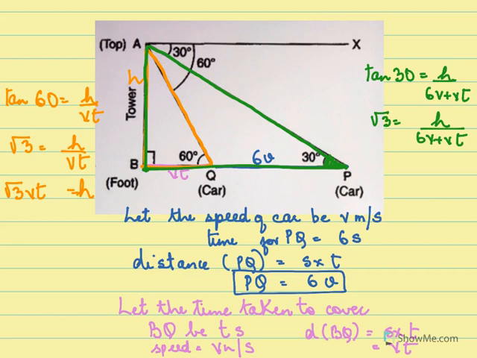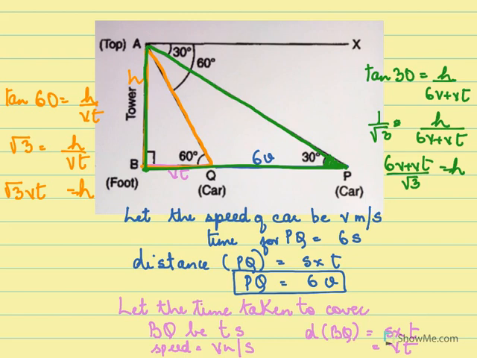We cross, oh here the same mistake, tan 30 is 1 over root 3. So we got h as 6v plus vt over root 3. And then we equated for h, and we got the answer.